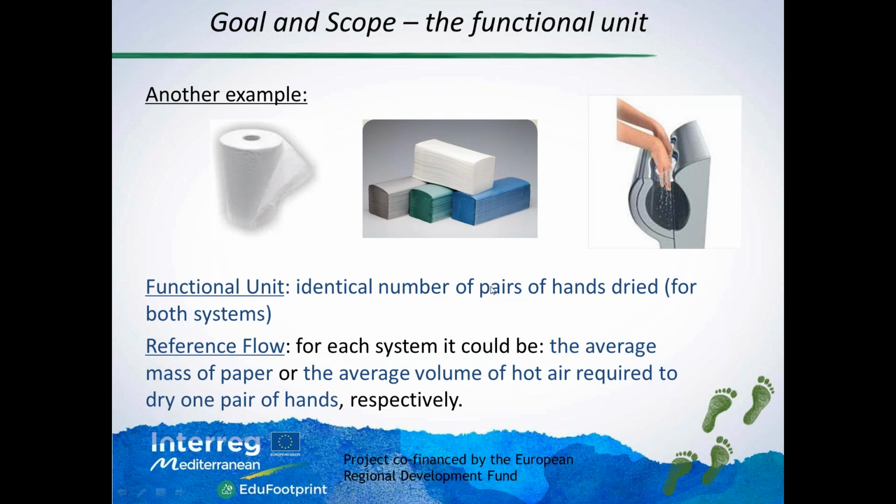The functional unit here is the identical number of pairs of hands dried, because the function of these objects is to dry hands. So my functional unit is an identical number of pairs of hands that have to be dried. The reference flow for each system could be the average mass of paper or the average volume of hot air required to dry one pair of hands.